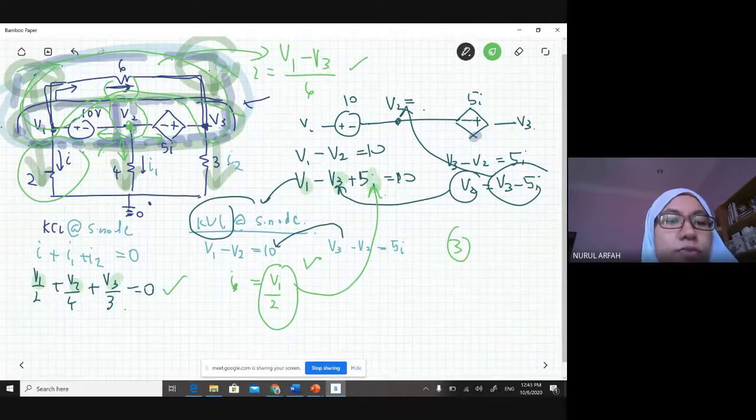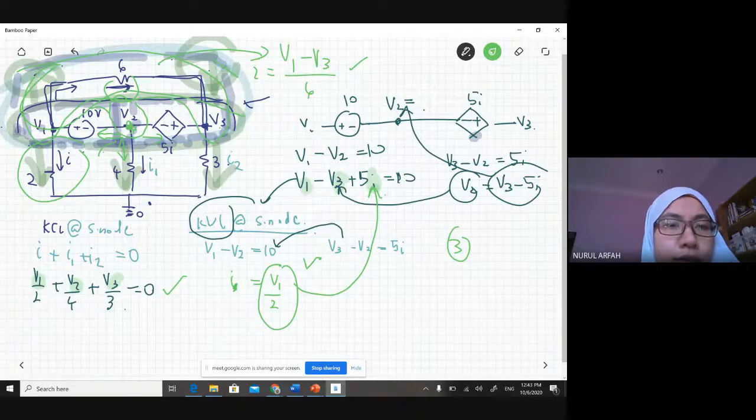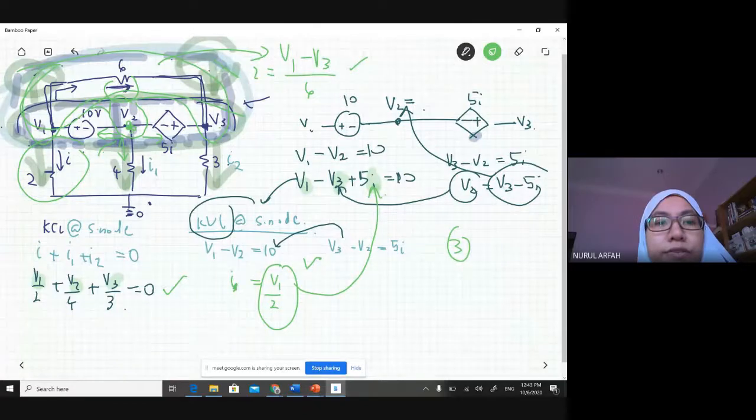This is two supernodes, right? Two supernodes you didn't combine as one, right? Yes. Because I tried both, I got the same answer last time, but I'm not sure which one is the simplest way to answer it.